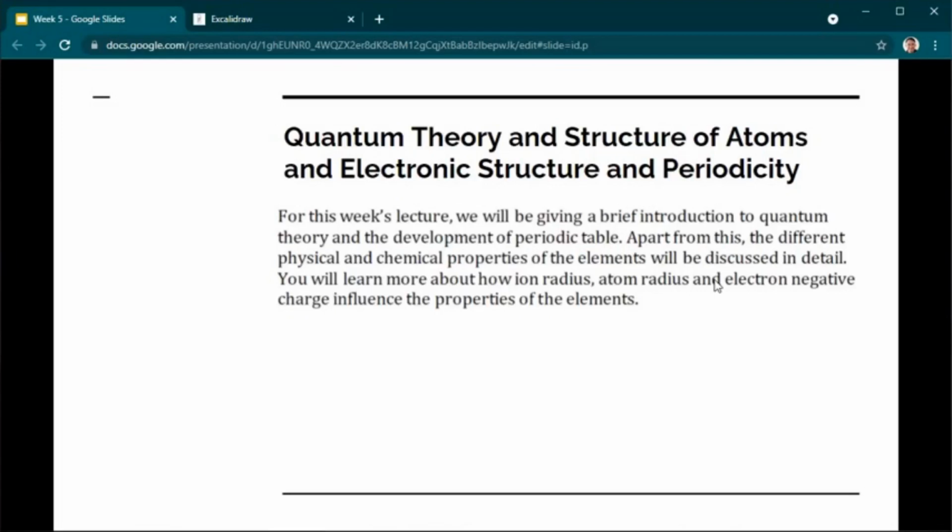Apart from this, the different physical and chemical properties of the elements will be discussed in detail. We will learn more about how ion radius, atom radius, and electronegative charge influence the properties of the elements. Basically, the concentration of this week's topic is quantum theory and the development of the periodic table.